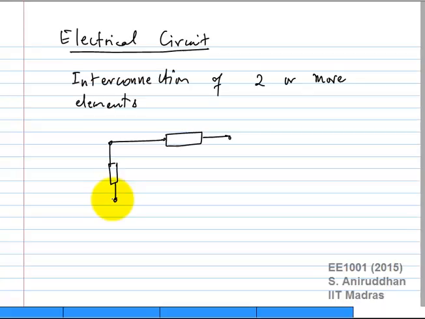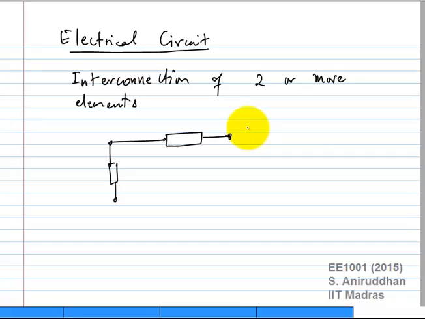Any idea? Obviously, this terminal is not connected to anything else. Based on the conservation of charge and accumulation of charge, current coming in has to be equal to current going out. So there is no current through either of these two elements.